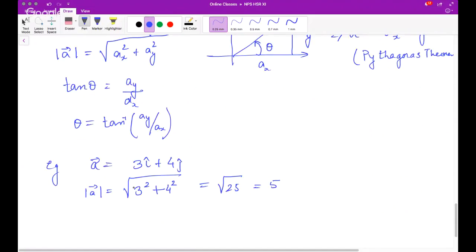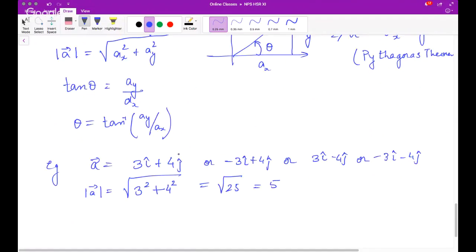Now, if the vector is 3i plus 4j, or minus 3i plus 4j, or 3i minus 4j, or minus 3i minus 4j, in all the cases the magnitude remains the same, but the direction will keep on changing because these are different vectors.